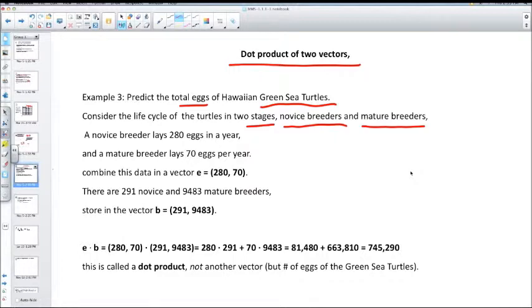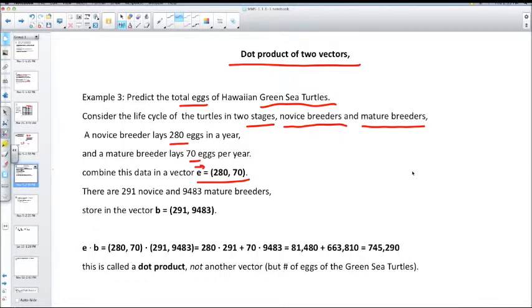The novice breeder lays 280 eggs, and the mature breeder lays 70. Now we use a vector E to represent it. In printed books, they either use a bold face or put an arrow on top to distinguish the vector from a scalar, like the 70.